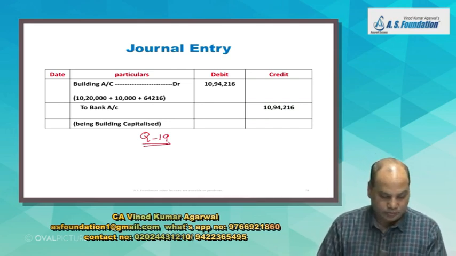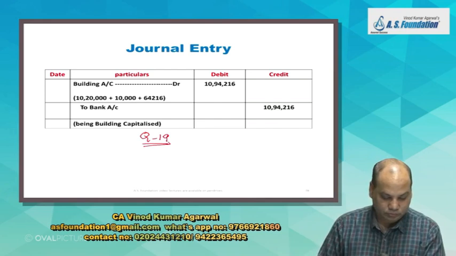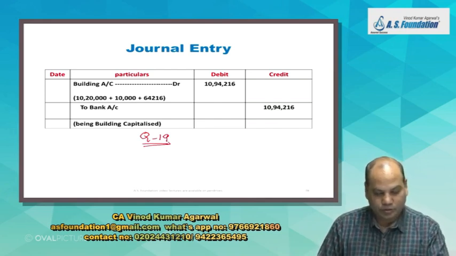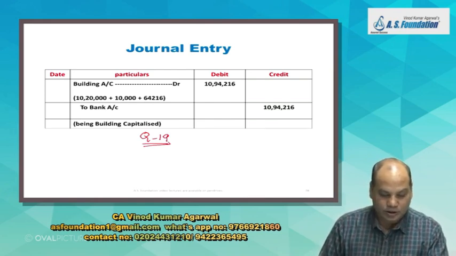Question number 19. R Limited has borrowed rupees 25 crore from a financial institution during the financial year 2001-2.